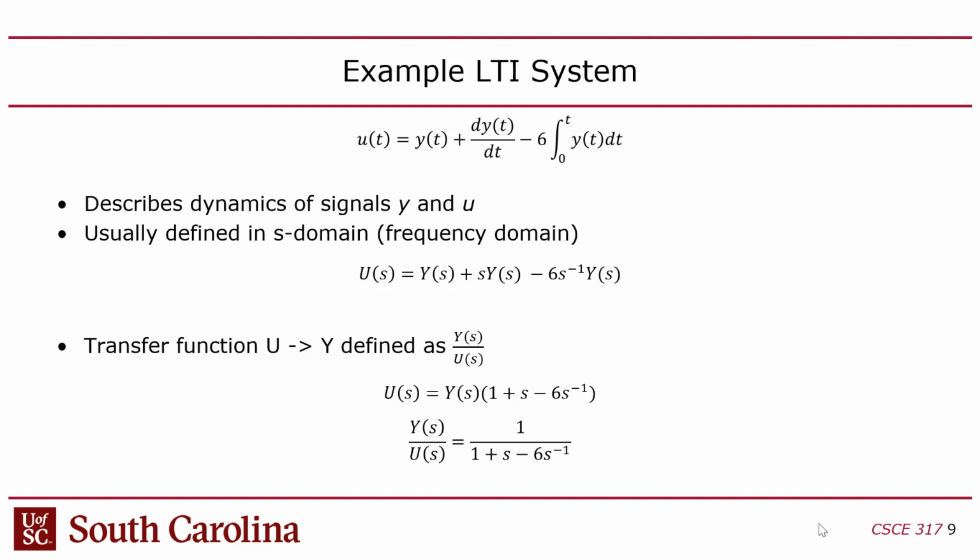Now, in this class, we're not going to be dealing with any transfer functions that have any imaginary part. So all the S values that we're going to look at are going to just have a real component. But if the roots of the denominator have a real component that's less than 0, let me rephrase that. If all of the poles have S values with a real component that is negative, then the system is stable.